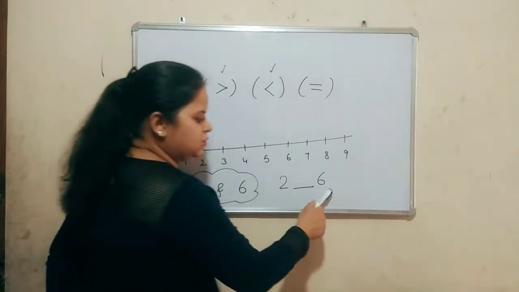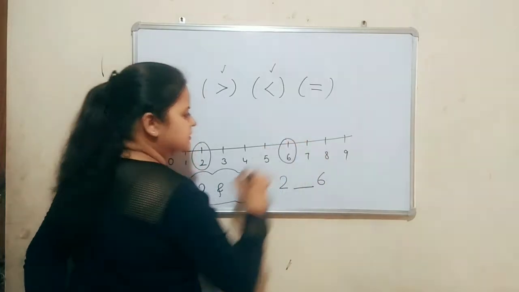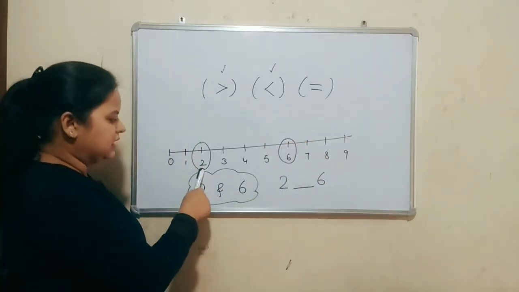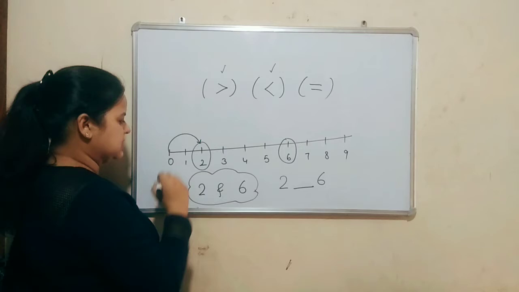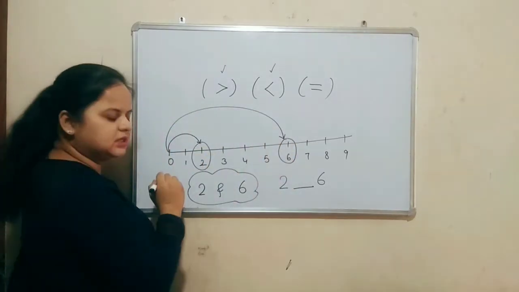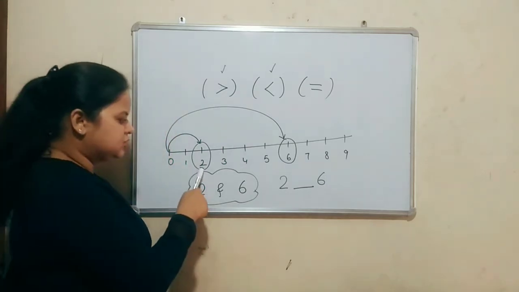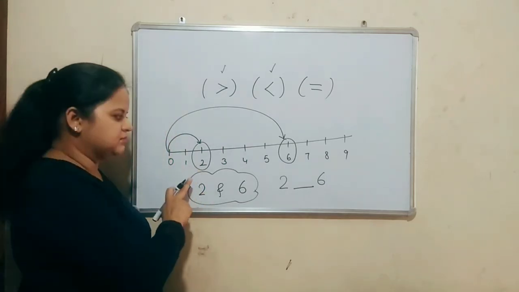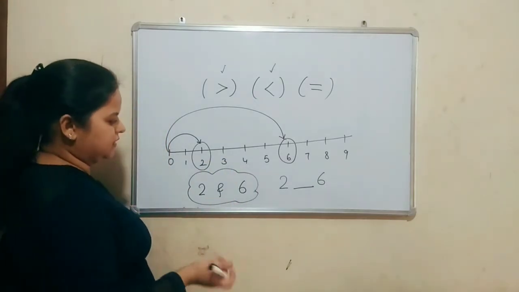So here we have two numbers 2 and 6. 2 is closer to 0, and 6 0 से दूर है. It is far from 0. So which is the smaller number? 2. Very good. 2 is the smaller number and 6 is the greater number.